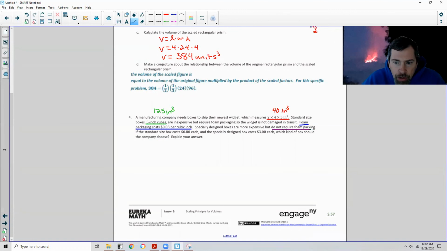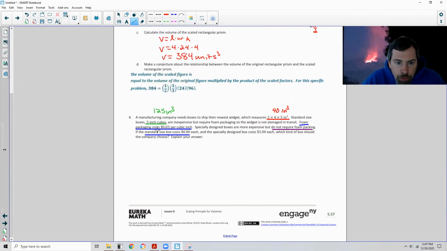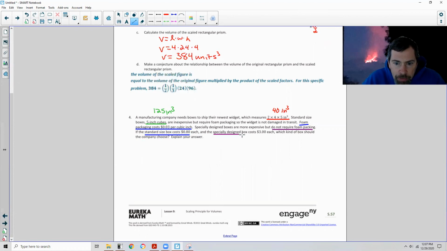Do not require foam packing. If the standard size box costs 80 cents each, so that's this standard box that we have to use packing with, then our other option is a specially designed box, which costs $3 each. And the specially designed box does not require foam packing.